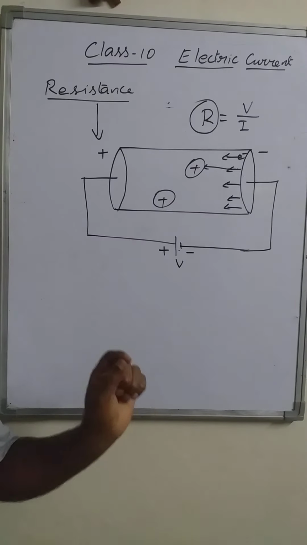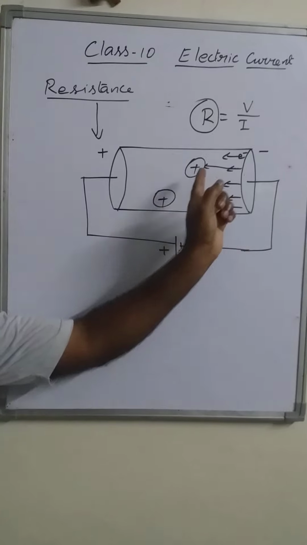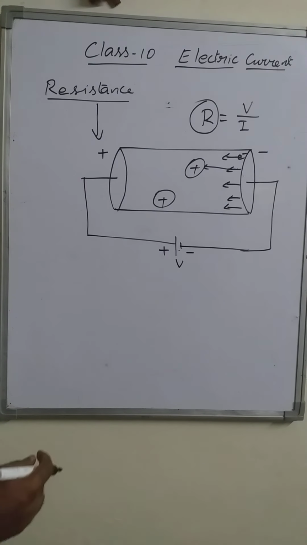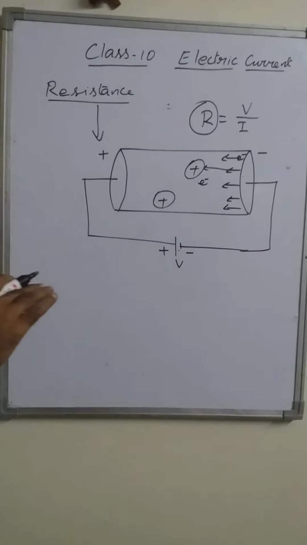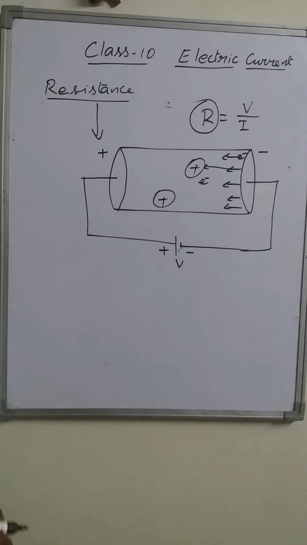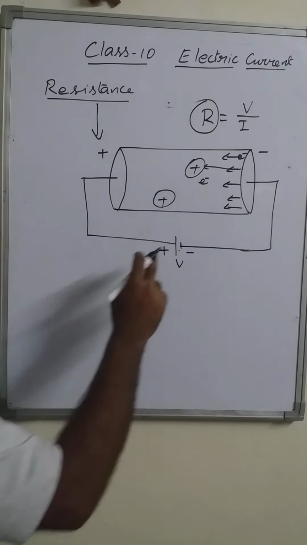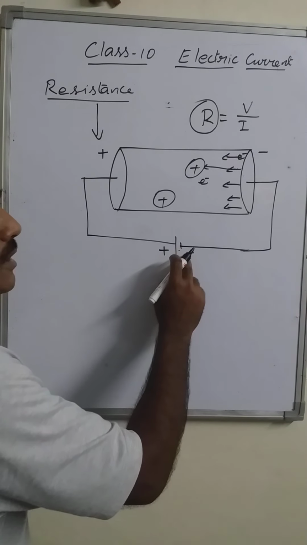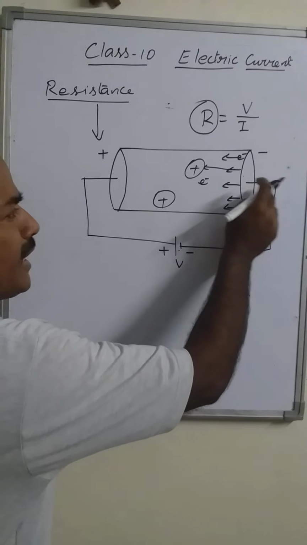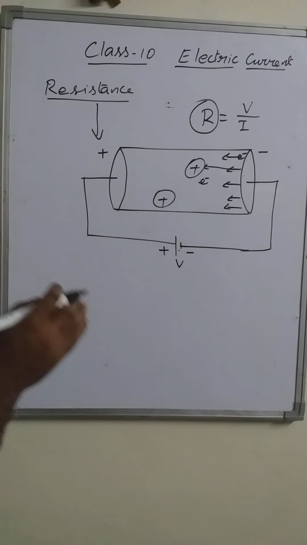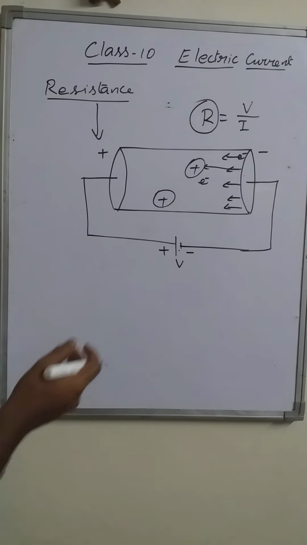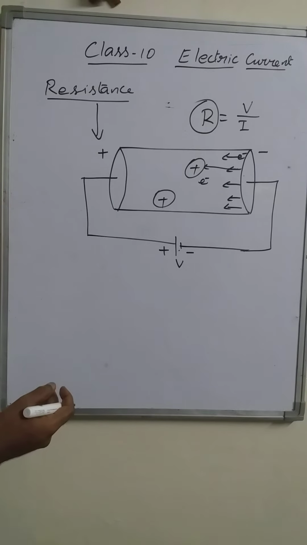At the time of collision, what happens? The electrons lose their energy. Once the electrons lose their energy, the electrons come to rest. But continuously the cell or the battery is supplying energy from this side. So the electrons, after coming to rest, gain energy continuously.